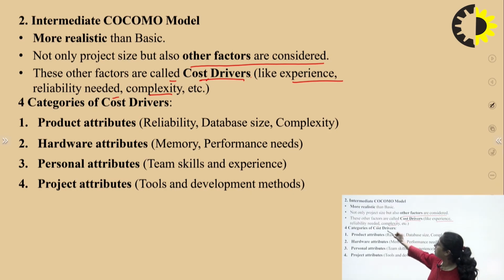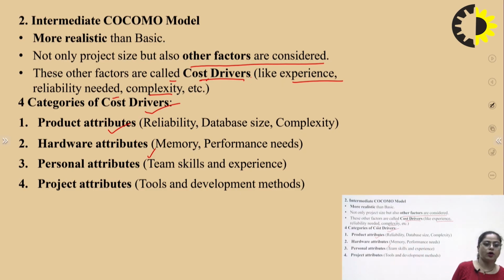There are four categories of cost drivers. First is product attributes, which include reliability, database size and complexity. Second is hardware attributes, which include memory and the performance needs of our project.